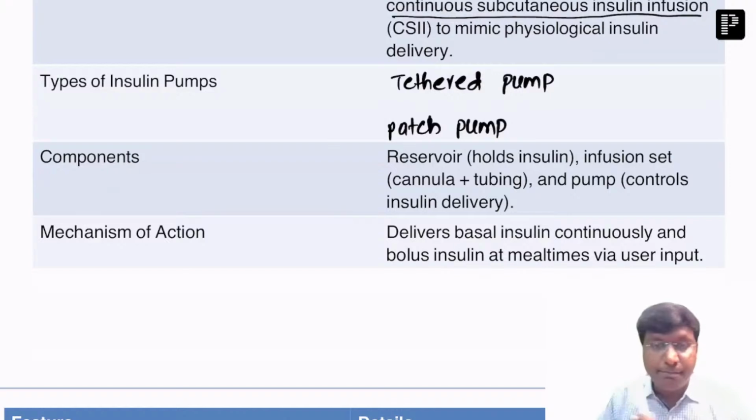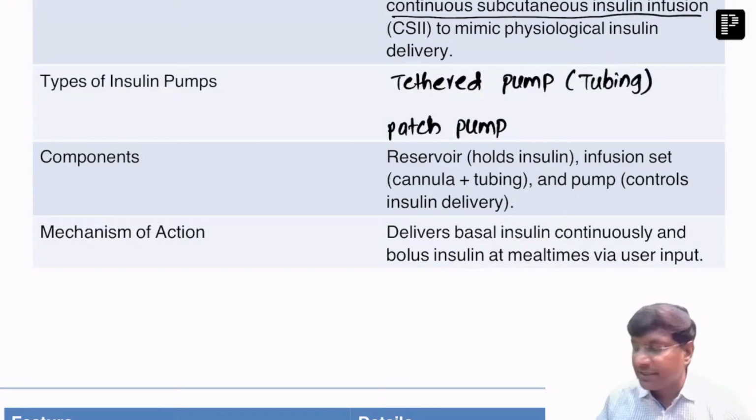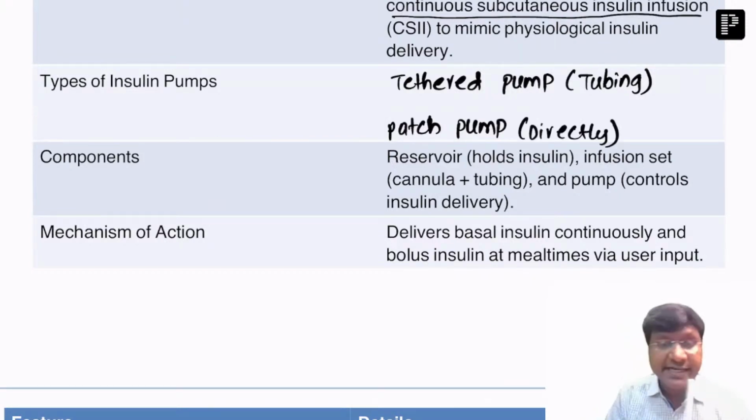The tethered pump has a connection via tubing. The patch pump is tubeless and is worn directly on the skin. That is called the patch pump.